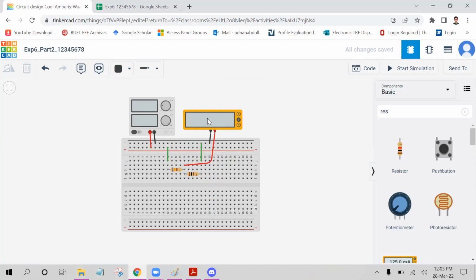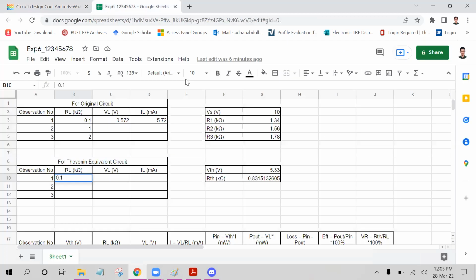So if you are done with the connection, please start the simulation and you should be able to see the voltage reading VL. In my case, it is 572 millivolt, which is the same as my previous table, and it should be the same.